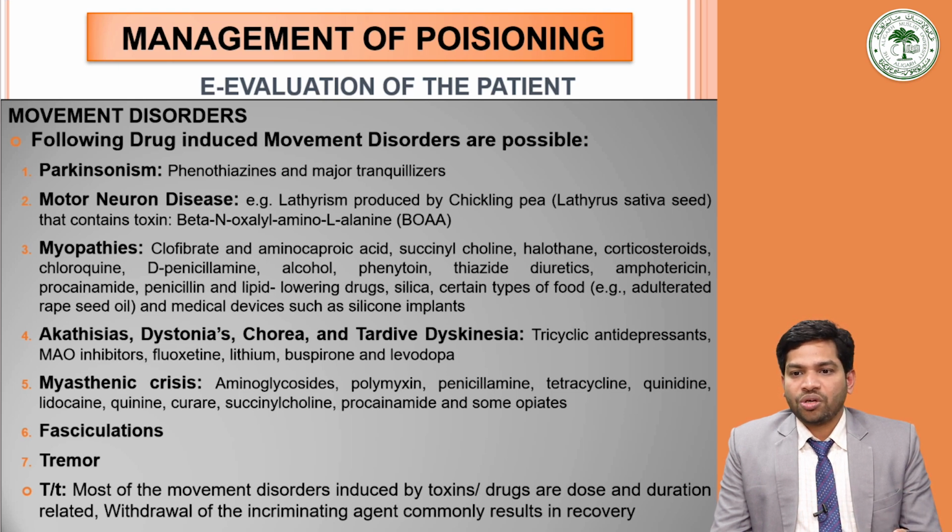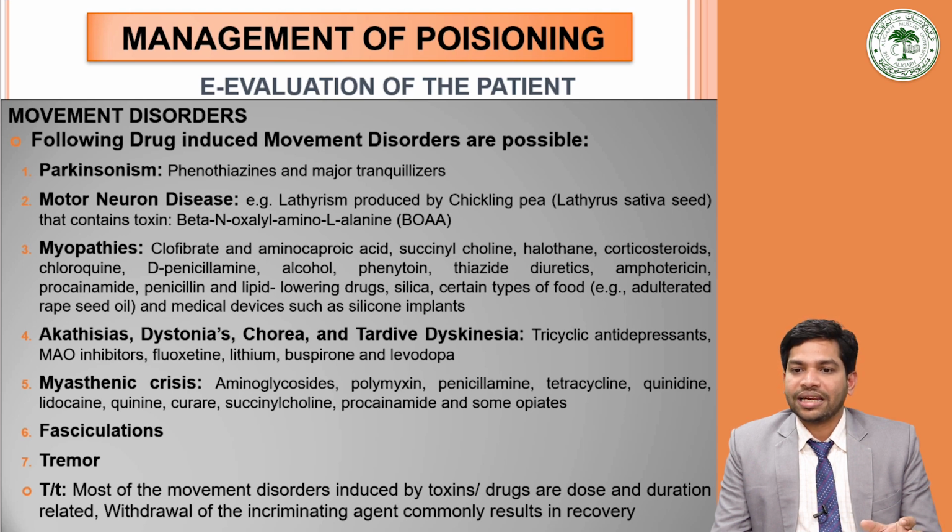Repeated injections of antibiotics or drugs of addiction often lead to severe muscle fibrosis and contractures, myositis fibrosa, myositis ossificans. Clofibrate and aminocaproic acid can cause acute necrotizing myopathy with myoglobinuria and renal failure.